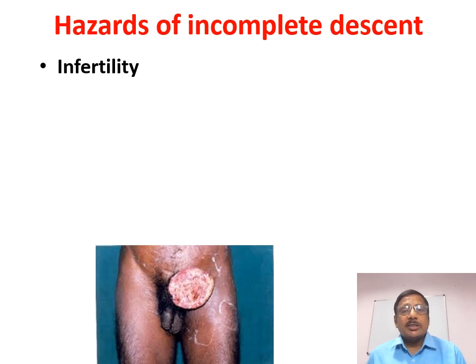Then what are the complications or hazards of incomplete descent? Number one, infertility, as you have seen through histopathology, that there is deficient spermatogonia, there is degeneration of germ cells.